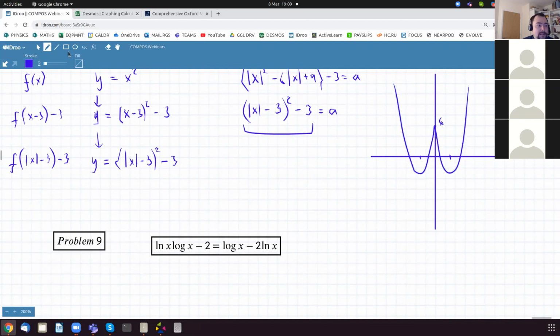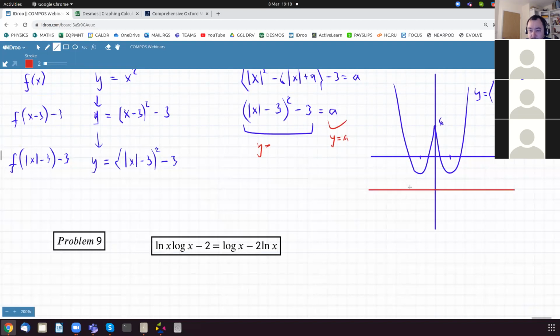Okay, so this is y is equal to modulus x minus 3 squared minus 3. And now we need the second graph, but the second graph is very easy. It's y equals a. So this is y equals that, and y equals a. And y equals a is a horizontal line.